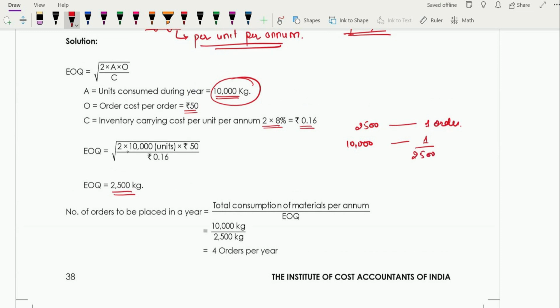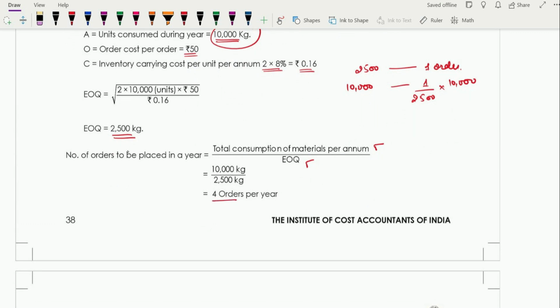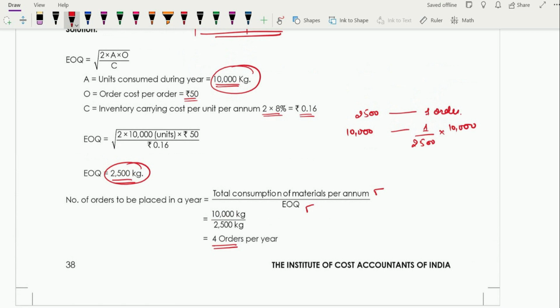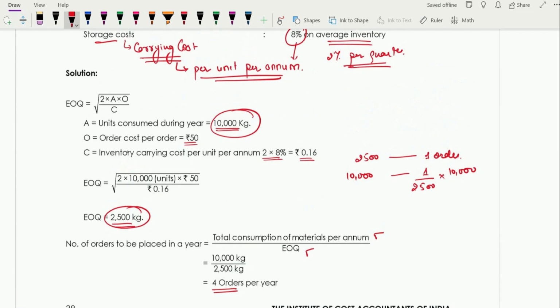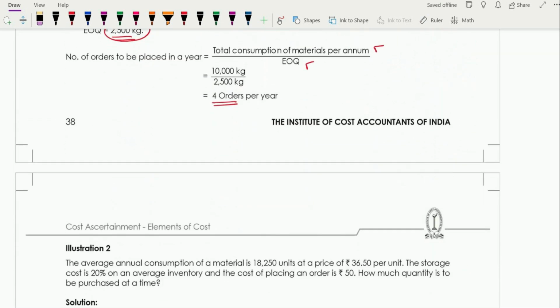That is 1 divided by 2500 multiplied by 10,000, that is total annual consumption divided by EOQ. Right? So in a year, you will place 4 orders of 2,500 each, so that in total in a year you get 10,000 kg. Clear, sir? I hope this much is clear.